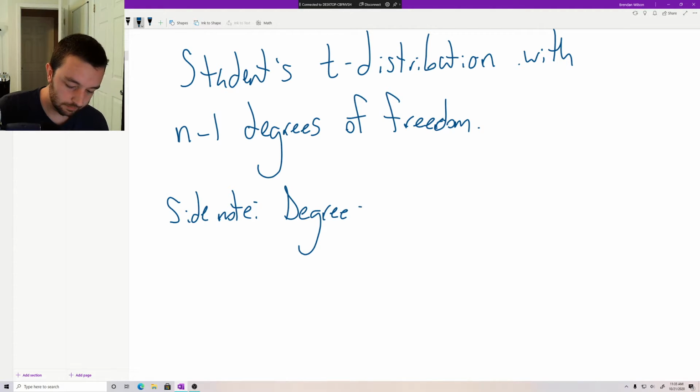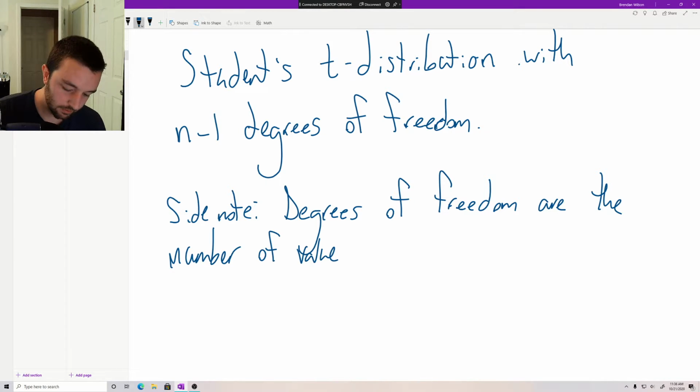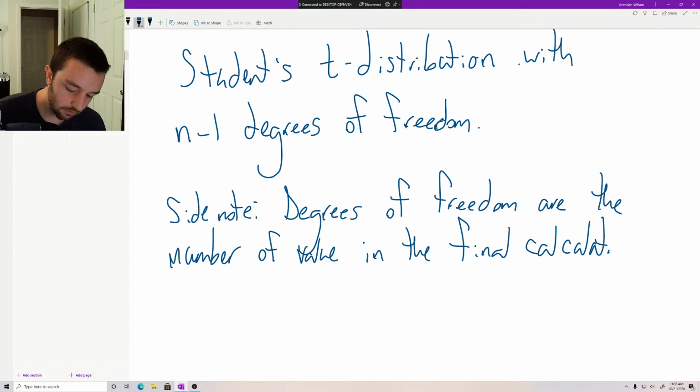Degrees of freedom are the number of values in the final calculation that are free to vary.